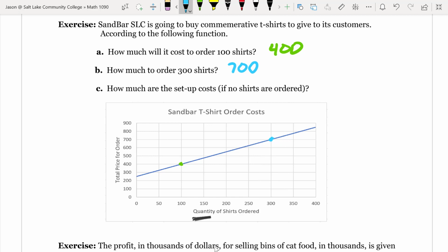Part C. How much are the setup costs if no shirts are ordered? So no shirts, that's 0 shirts. Our quantity is 0. I'll use red for that one. That would be here, and that would be this point on the graph. It's the y-intercept, isn't it?